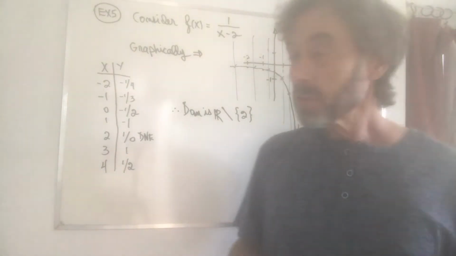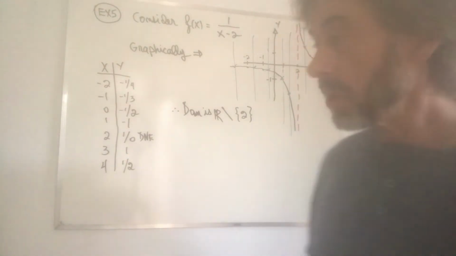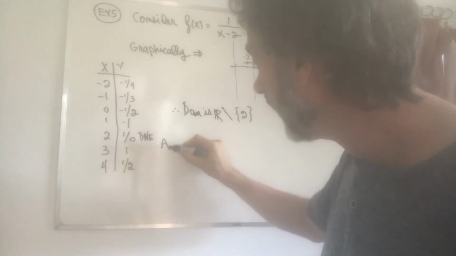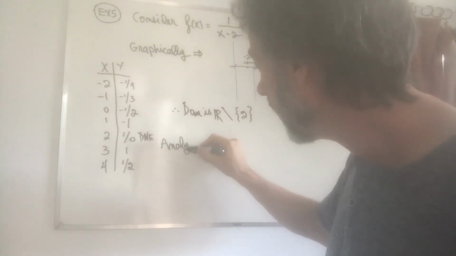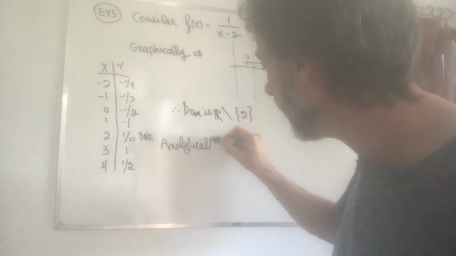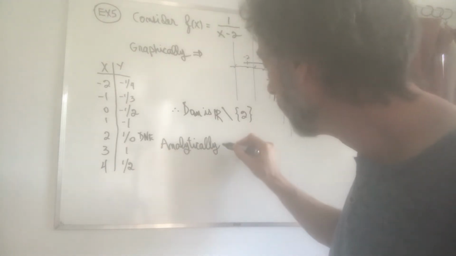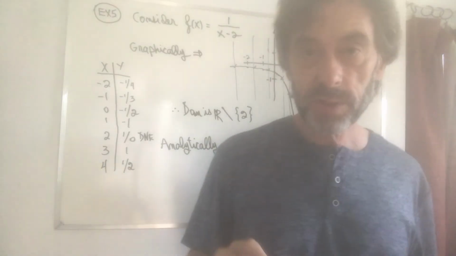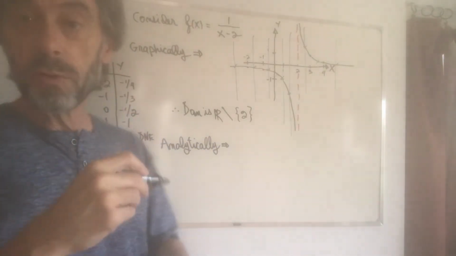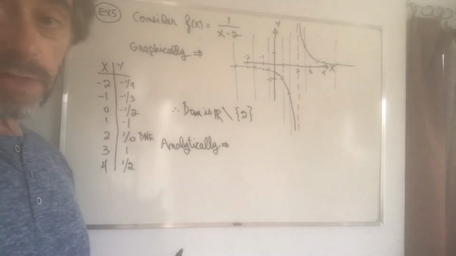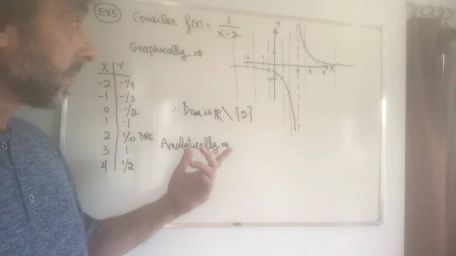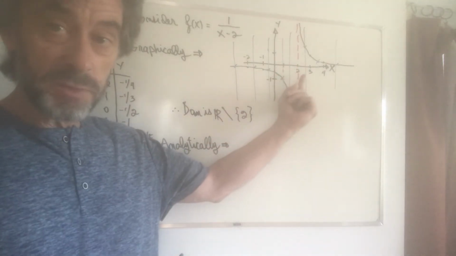Good. So that's how you would do it graphically. Now, analytically, how would I actually tackle this problem, say, without sketching the graph, without the table of values? Well, what is wrong with this graph in terms of domain?